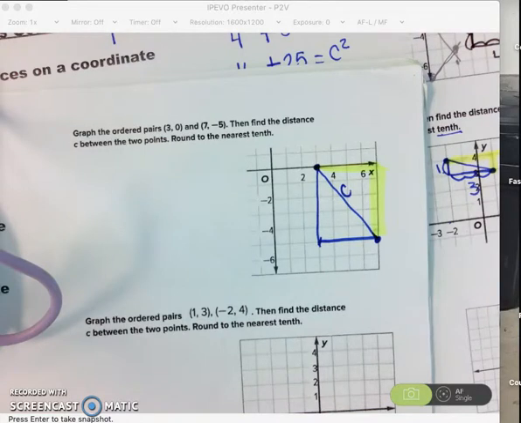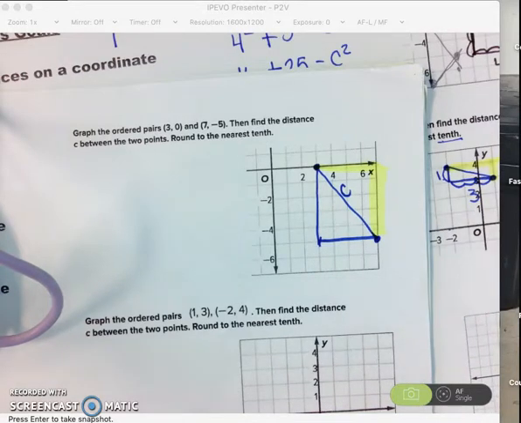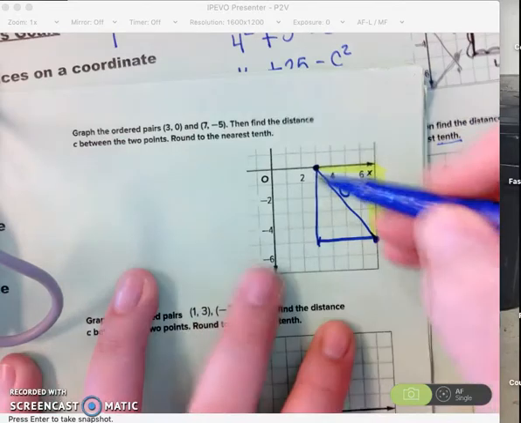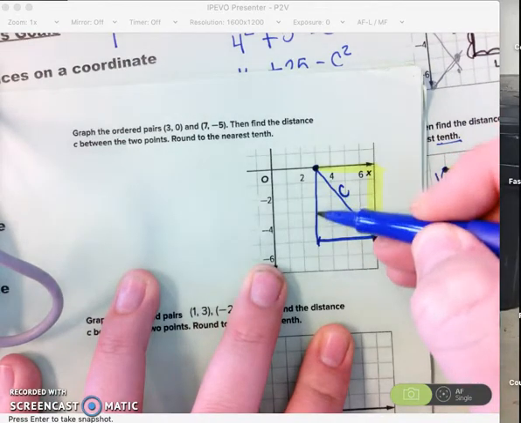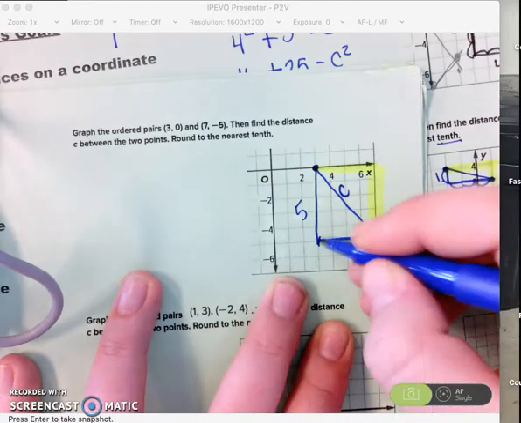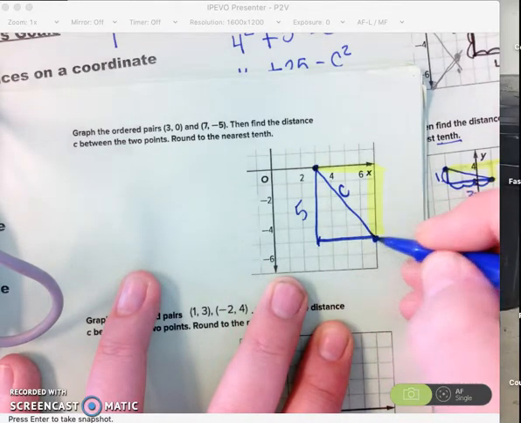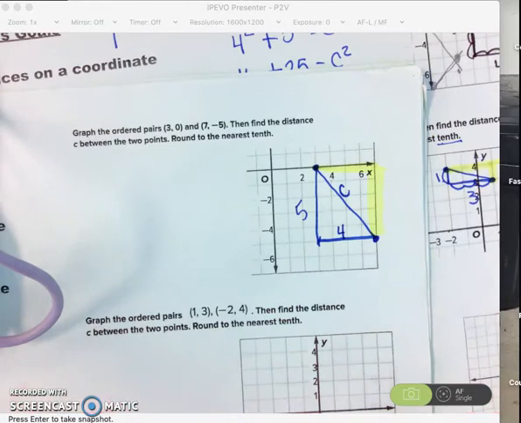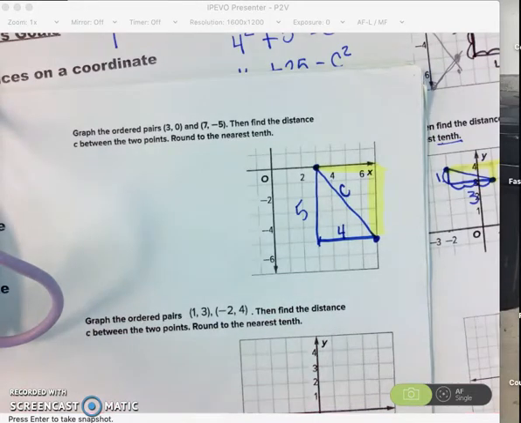Do you see what I'm saying? The next step is then counting how long the legs are. So 1, 2, 3, 4, 5. So this would be 5. This would be 1, 2, 3, 4. Do you see how I counted the length of the legs?